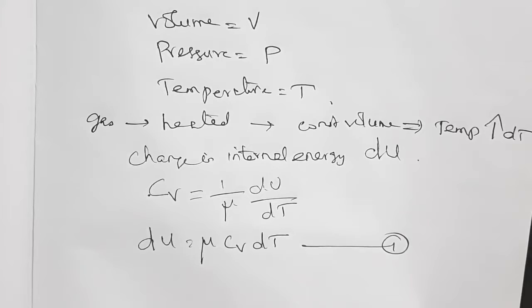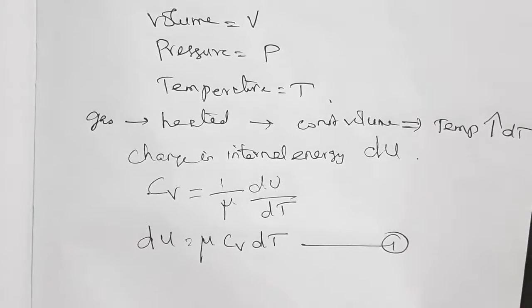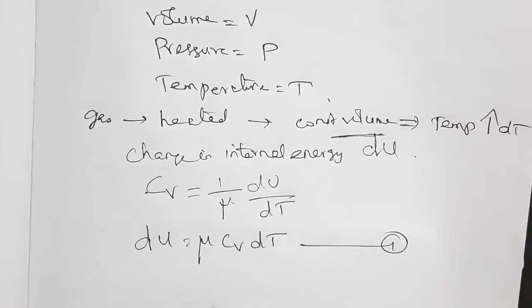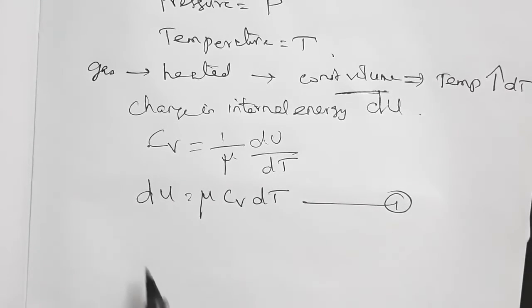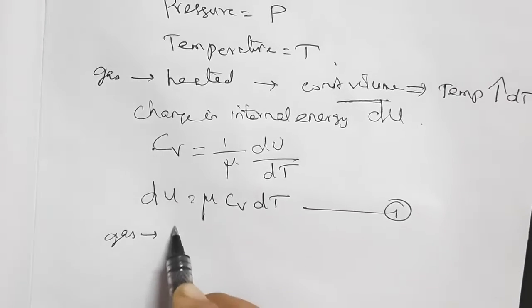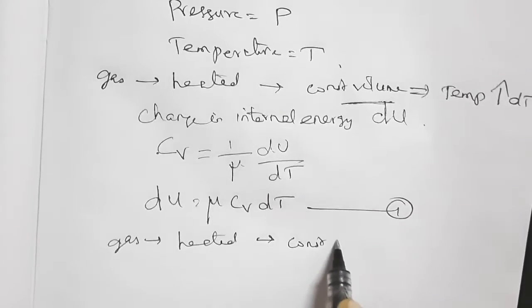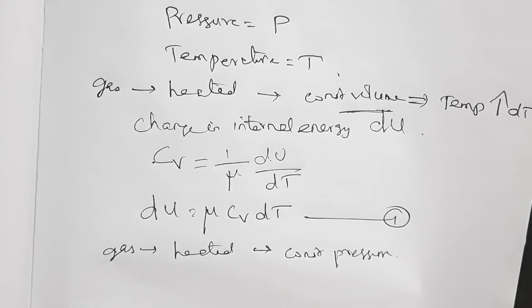Now suppose the gas is heated at constant pressure. Here the gas was heated at constant volume, and now suppose it is heated at constant pressure. So temperature again increases by dT.